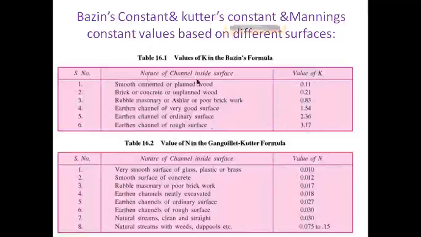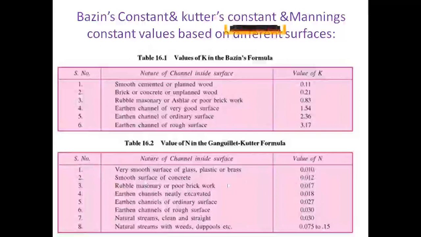These are the values for this kind of channel surface, for Kutter's formula and Manning's formula n value, based on the roughness of the surface of the channel. Manning's value and Kutter's value n: very smooth surface of glass, plastic or brass is 0.010. Smooth surface of concrete 0.012.